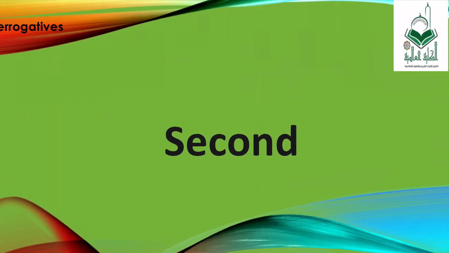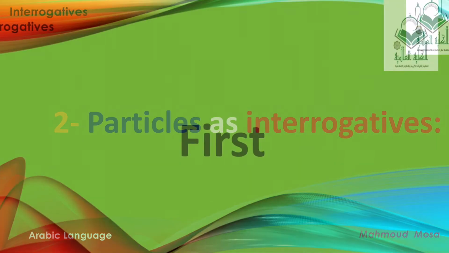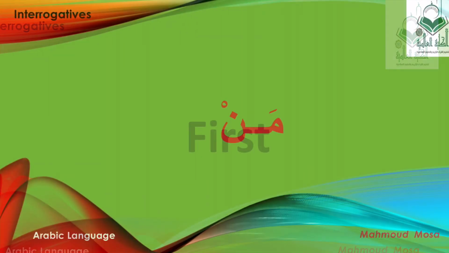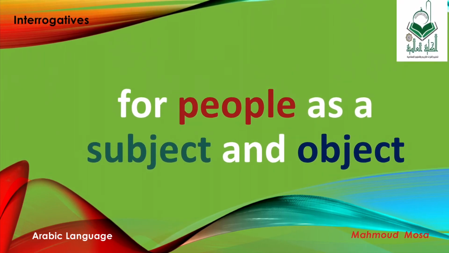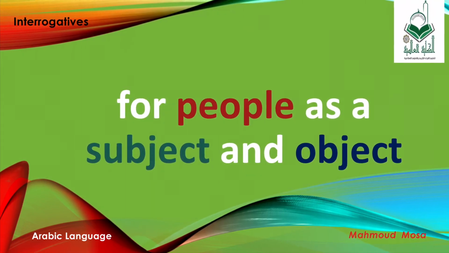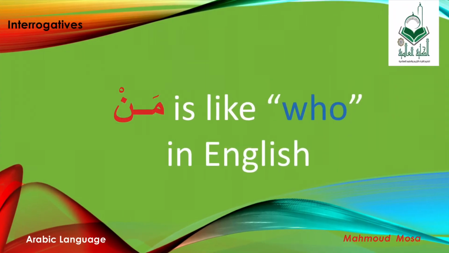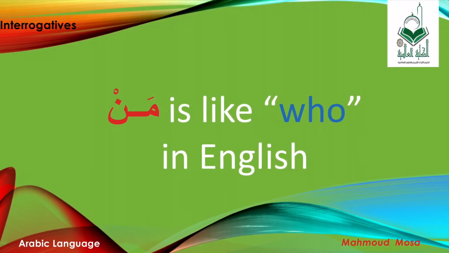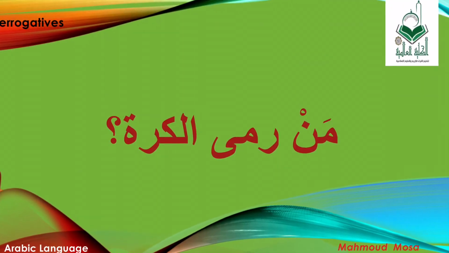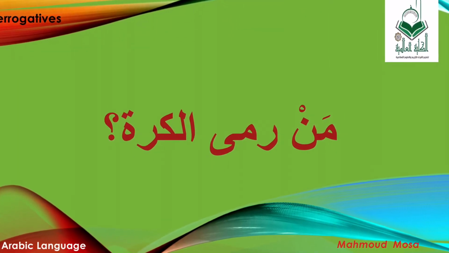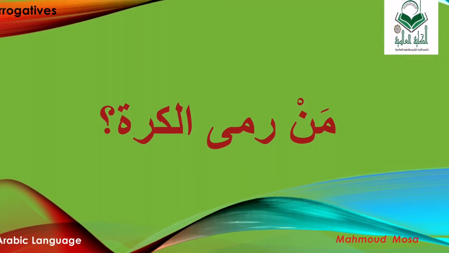Second, we have particles as interrogatives. First, we have من. It is used for people as a subject and object. It is like who in English. We had an example of من before. من رمى الكرة.